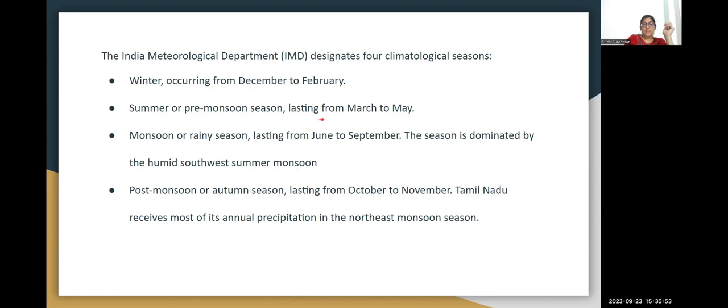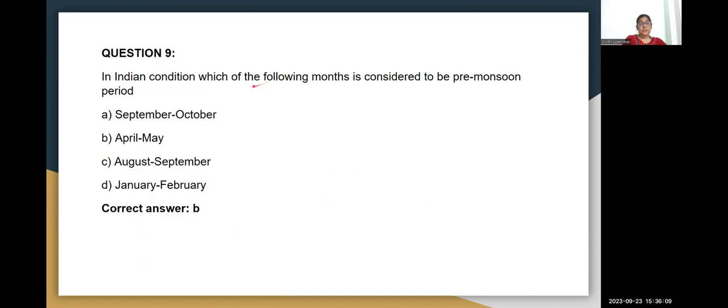So starting with summer from March to May, June to September is the southwest monsoon. Then the post-monsoon, which is from October to November, is called the northeast monsoon. And then from December to February, we have winter. So here the question was, when is the pre-monsoon period? There is no option giving us March to May, but April to May is there.